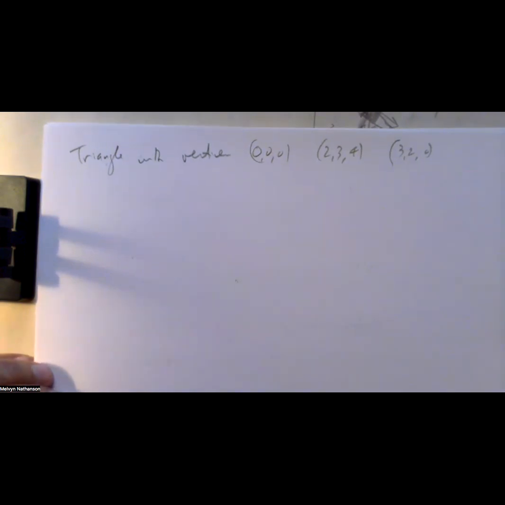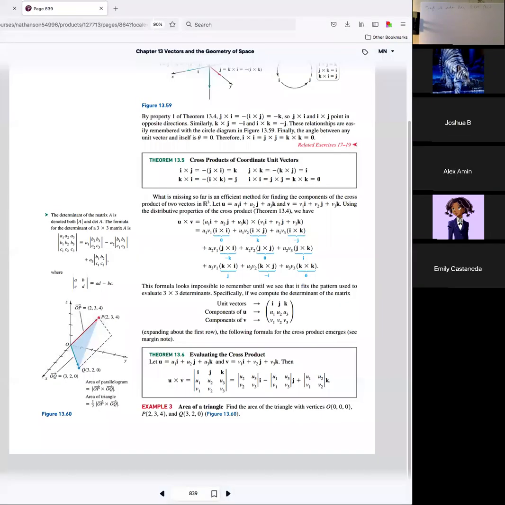There is an effort to draw this in the text. So this blue triangle is the triangle I just described.